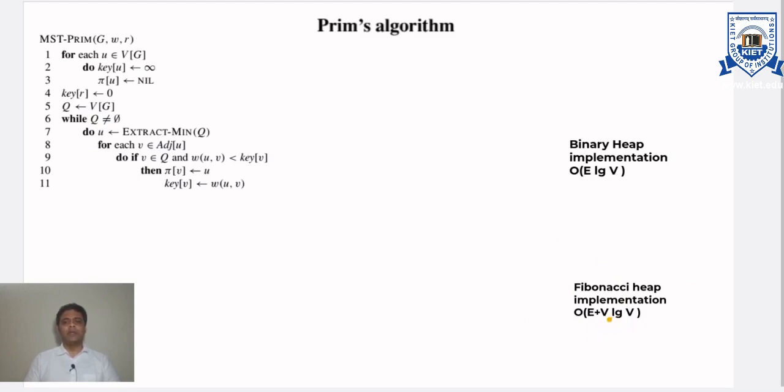Because in any graph the number of vertices is less than the number of edges, and it is actually much less if it is a dense graph. If a graph is dense, then the number of edges is quite high in comparison to the number of vertices. So these are the complexities of Prim's algorithm on the basis of how you implement your priority queue.